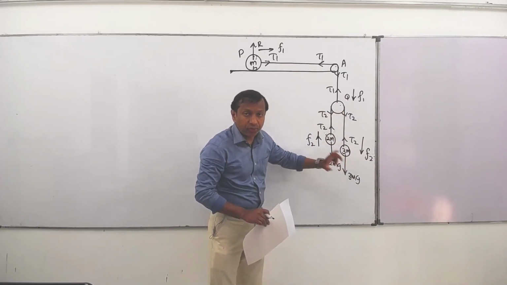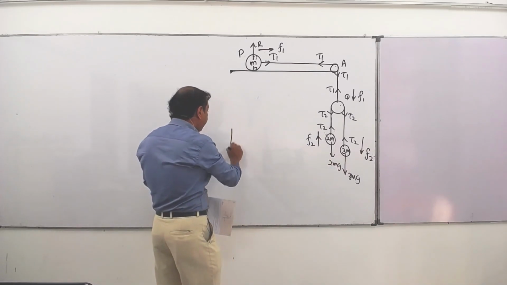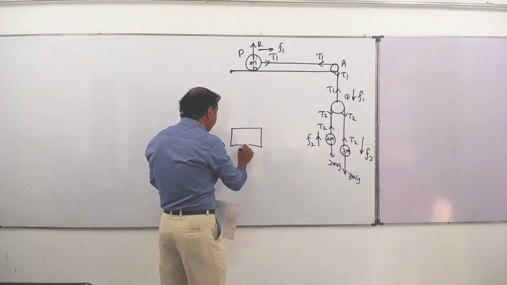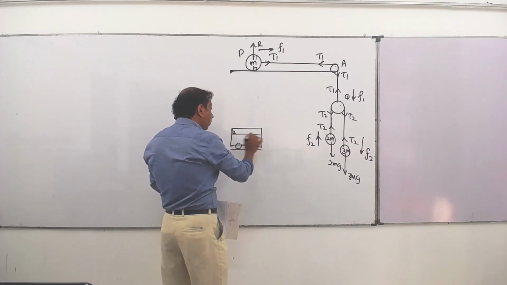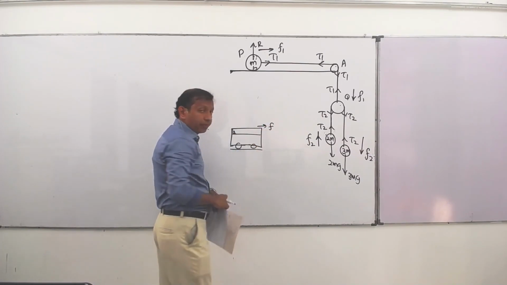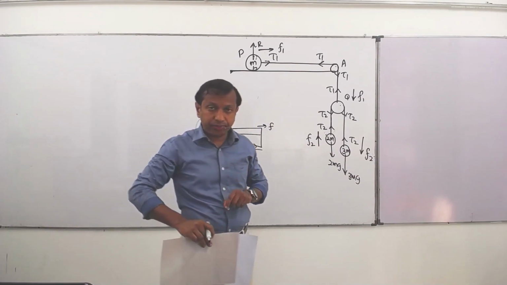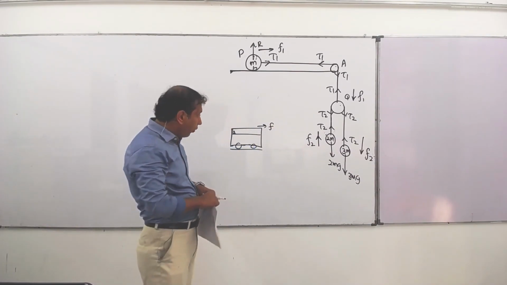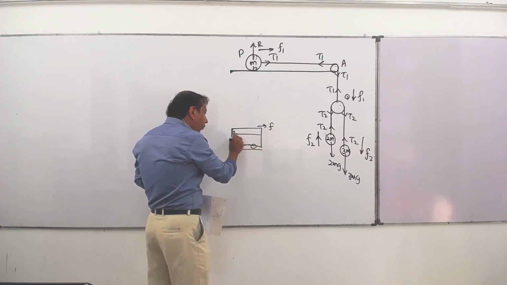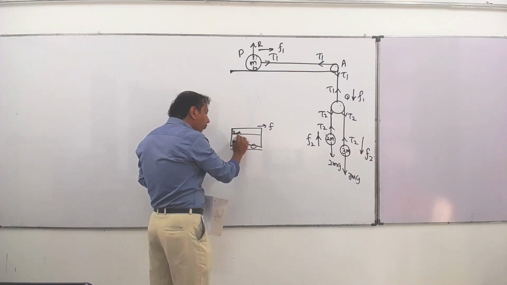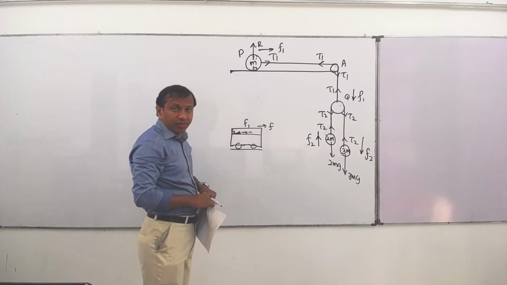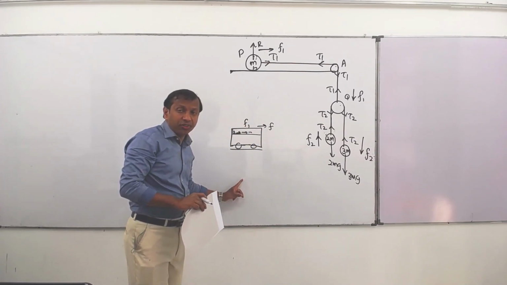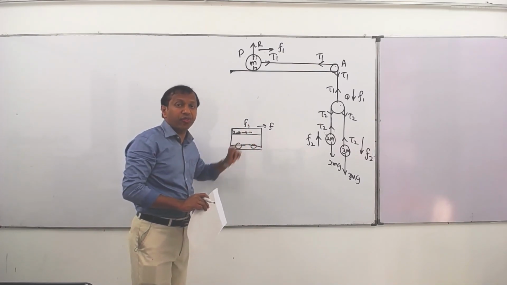Suppose you are sitting on a bus. The bus is moving with certain acceleration, so you automatically get that acceleration. While the bus is moving in this direction, you stand up and move forward with another acceleration f1. Then a person on the earth notices your acceleration as f plus f1.